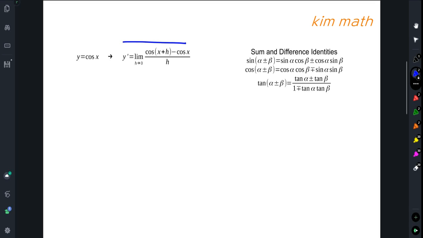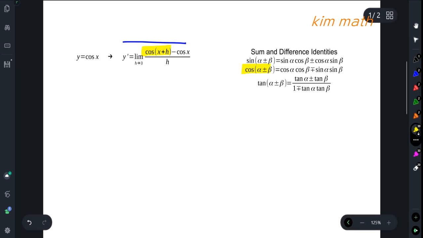As h approaches 0. Now here, for this part, I'll use this sum and difference identity. So y prime is a limit as h approaches 0.